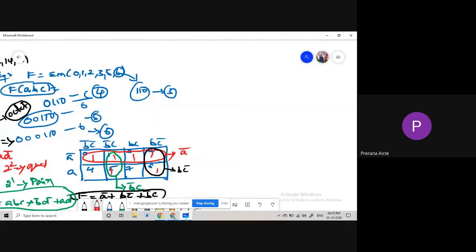So last class, we discussed how to implement the minimization of minterms by using K-map. What is another name of K-map? Karnaugh mapping.